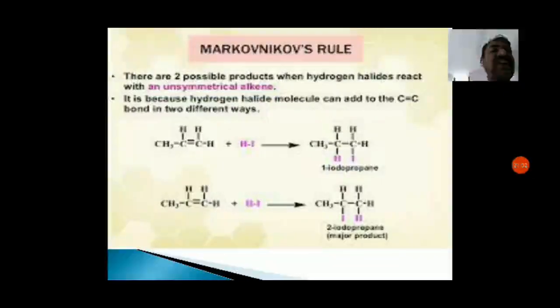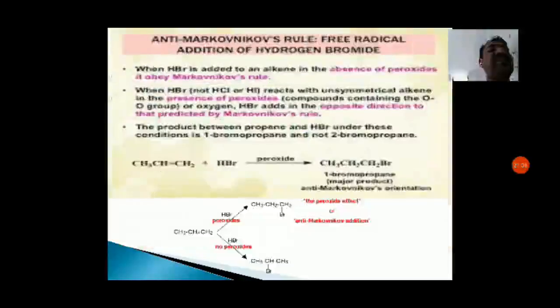Now, if the same reaction is carried out in the presence of peroxide, what is meant by peroxide? Peroxide means a compound which contains an O-O linkage. For example, hydrogen peroxide, HOOH. So this is called peroxide.